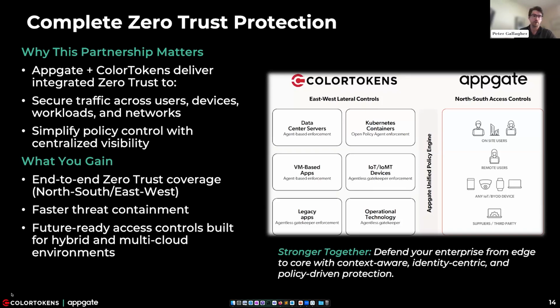Say you log in the morning and you're not a disgruntled employee, but something happens during the day. AppGate is one of the few tools out there that has the data awareness to react and make real-time data actionable and have that get reflected in real time in your policies.